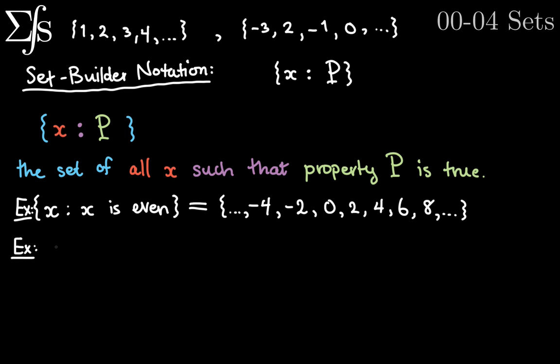I can similarly define another set. So the set of all x such that x is positive. Well, it'll be all the x such that x is bigger than 0. So there's going to be a lot of them. I don't think I could list them all out this nicely. But what I can say is that's going to be the same as if I say the set of all x such that x is greater than 0.